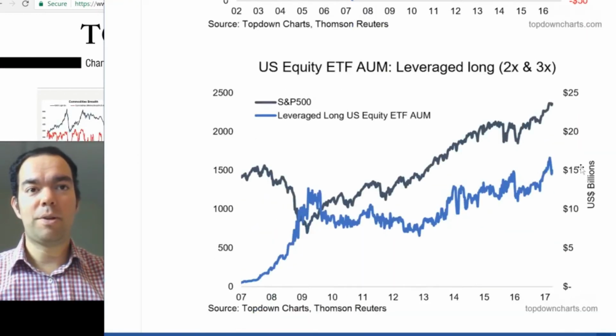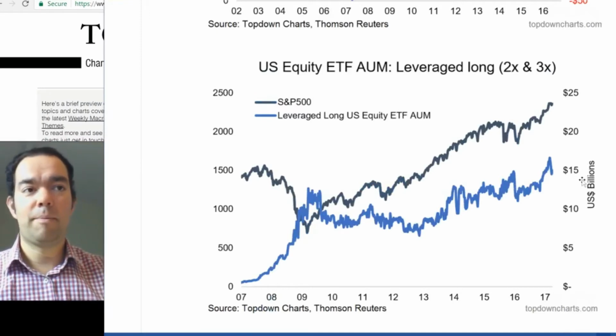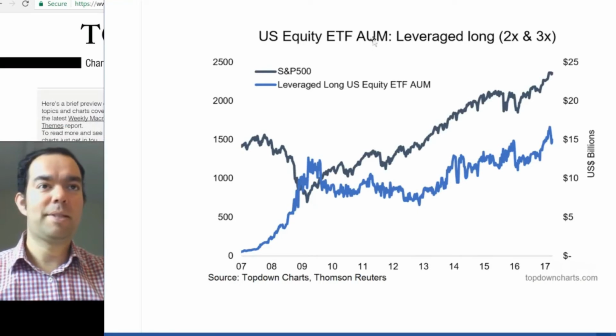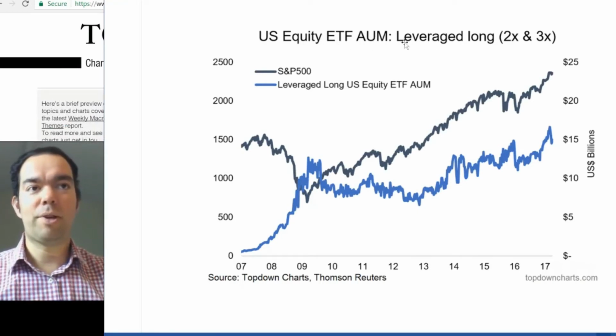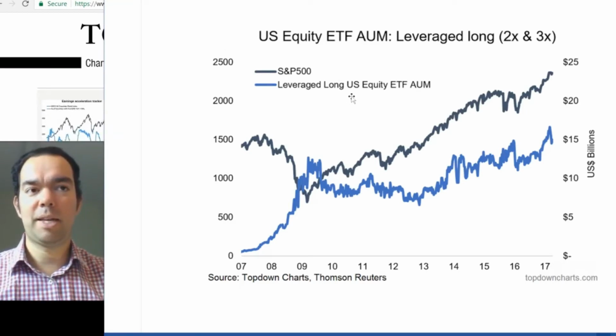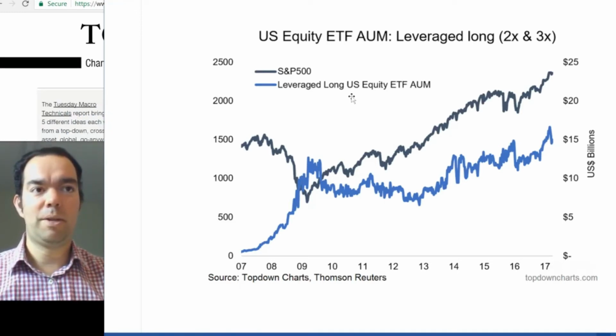I thought it was quite an interesting chart, and when I put it together, it really did surprise me. What we've got here is US equity ETF assets under management, that's exchange traded funds, and it's the leveraged long funds. This is all the major ones; I cut off ones that were simply too small, under 20 million.